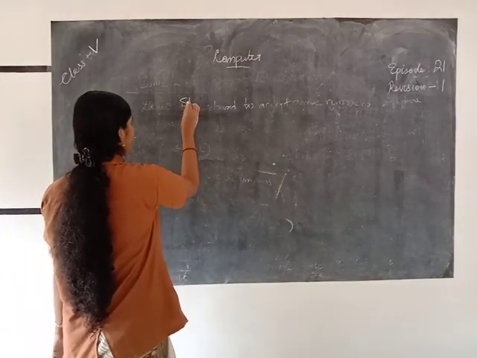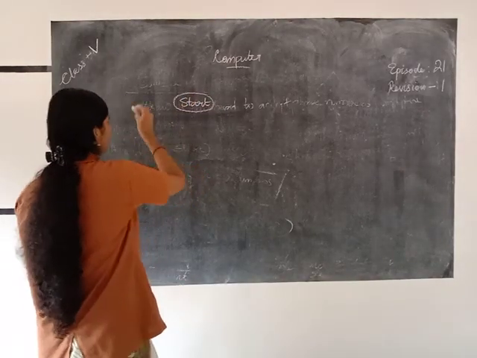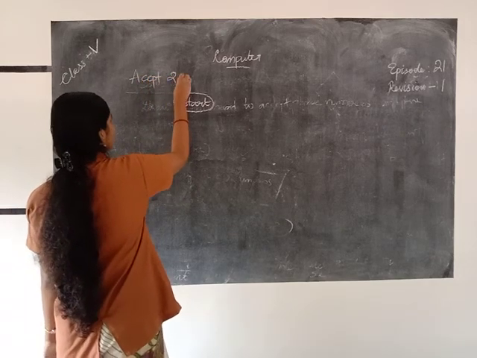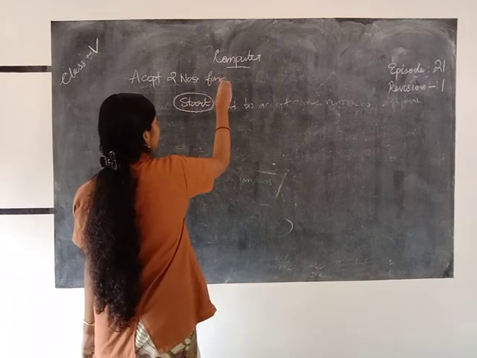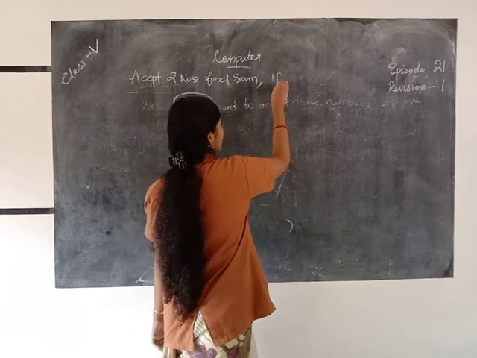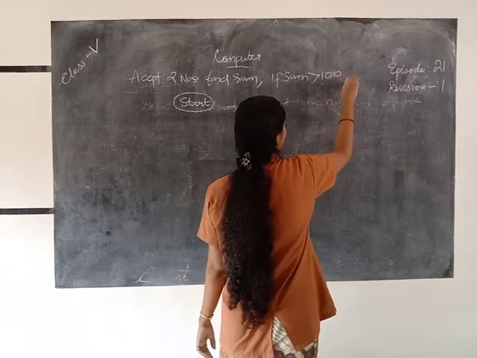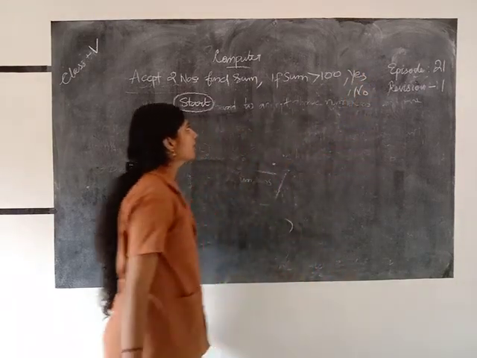First, start. Then accept two numbers, then find the sum. Then if the sum is greater than 100, print yes, otherwise no.